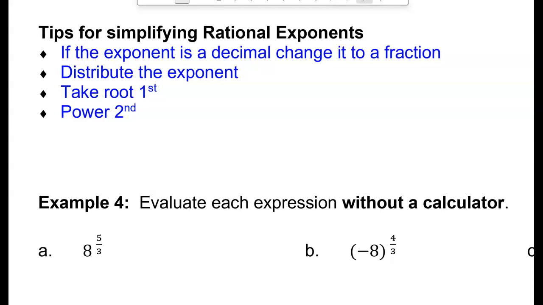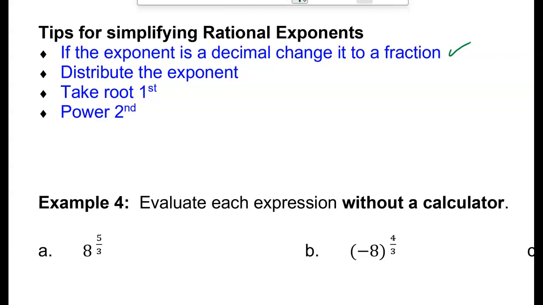First things first. If your exponent is given as a decimal, change it to a what? Fraction. Okay, that makes sense when we have the 2.5, right? Then make sure that you distribute the exponent. You'll see what I mean in a moment, okay? Then you take the root first, power second.